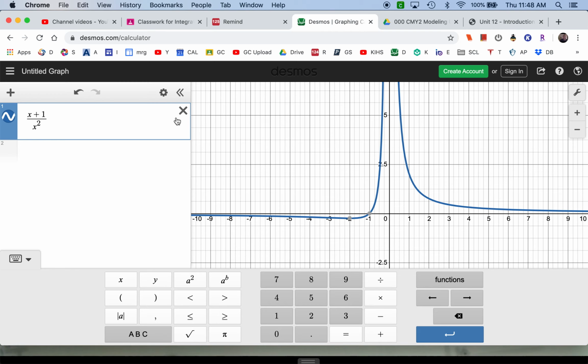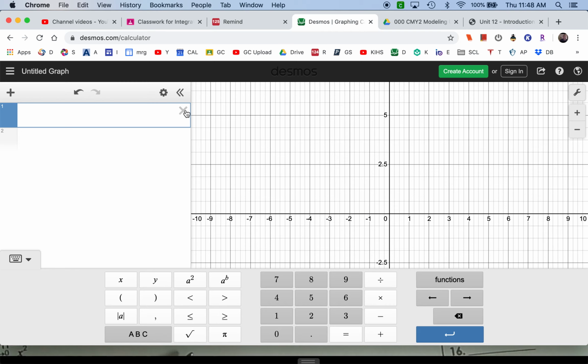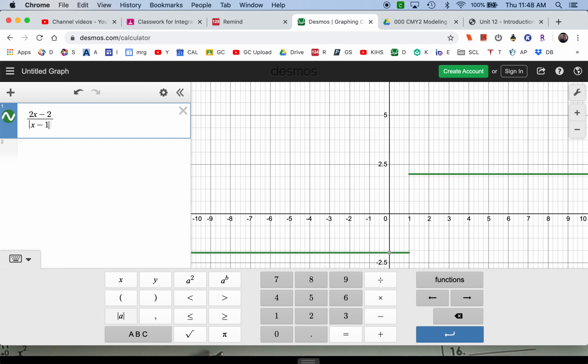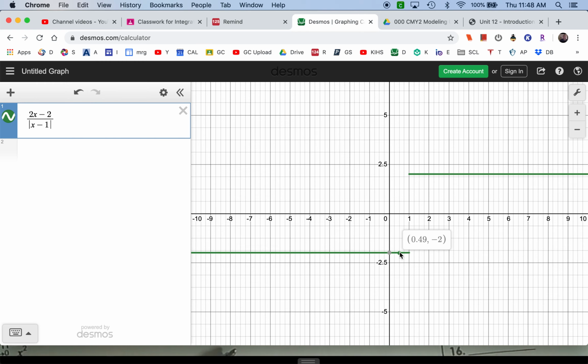Number 12. 2x minus 2, and then in the denominator, it's the absolute value of x subtract 1. So what's happening is x approaches 1 from the left. Here's 1, there's a jump. But from the left, what's the y value? Notice the y coordinate from the left is -2.